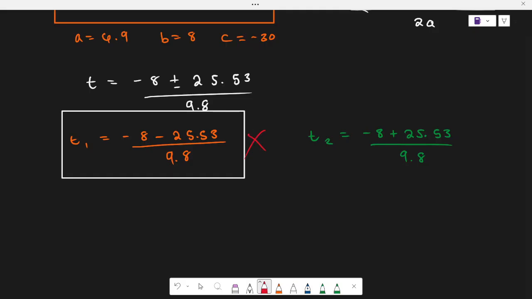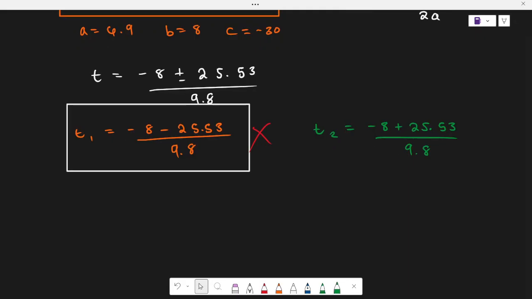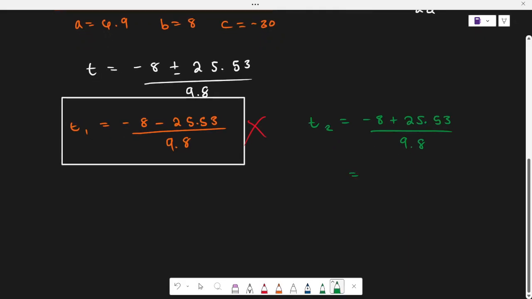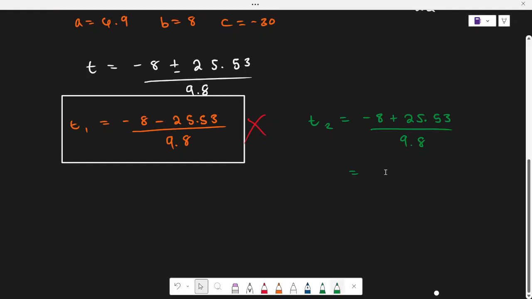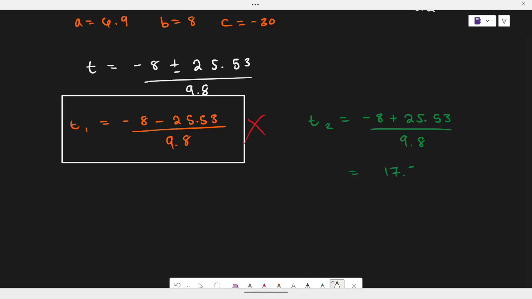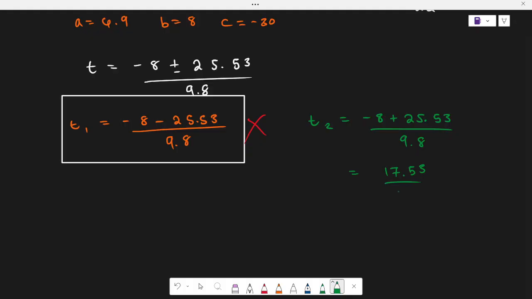It can't be the answer. If we continue with the second one and subtract 8 from 25.53, we get 17.53 over 9.8.